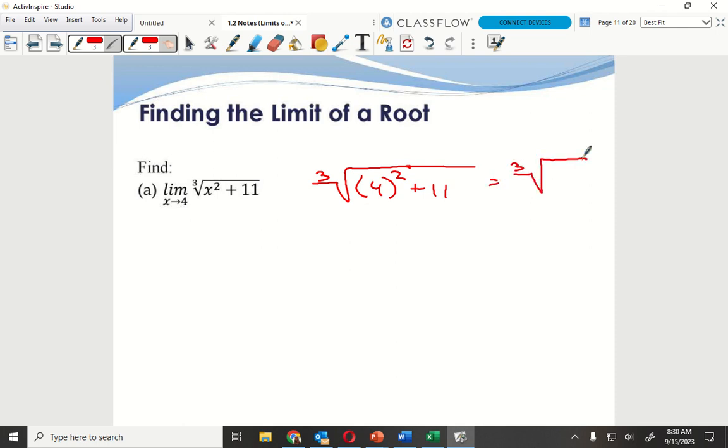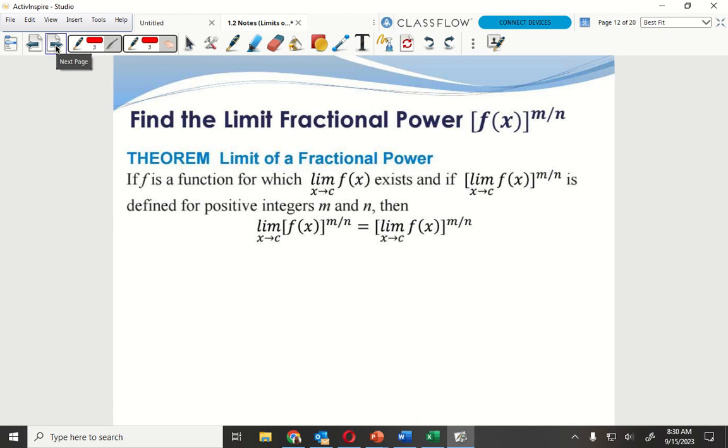Cube root of 27 is 3. Trying to get to the factoring ones, but it doesn't look like I'm going to until next week.